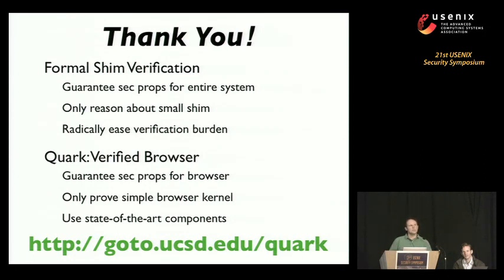In particular, if we wanted to restrict the way in which the HTML renderer worked, that would be really difficult, because you have to start reasoning about those big, complicated pieces of code. The key for formal shim verification is identifying nice interfaces. Any security property that requires reasoning across a clean, simple interface would be really difficult to do. I don't have an example of that off the top of my head, but that's a way to decide how difficult something will be.